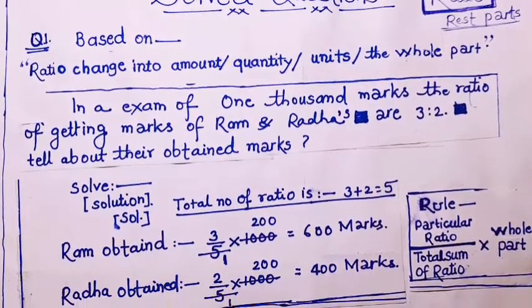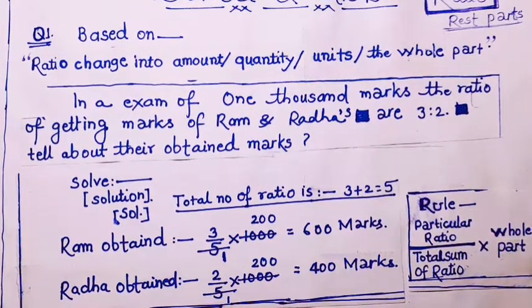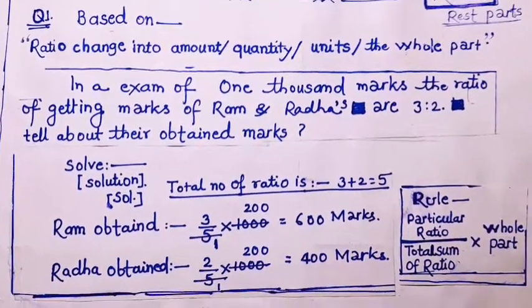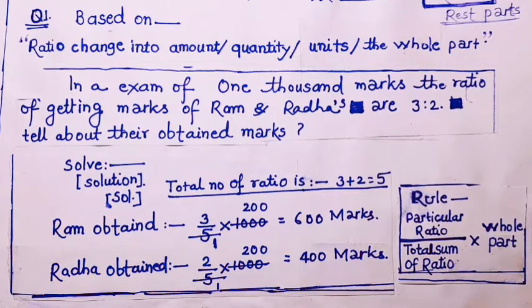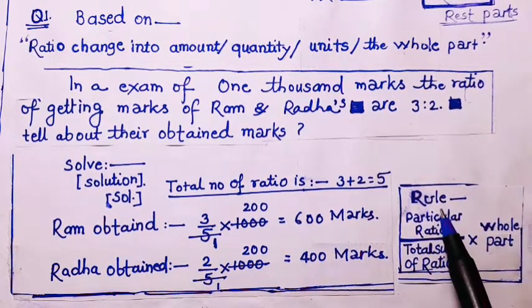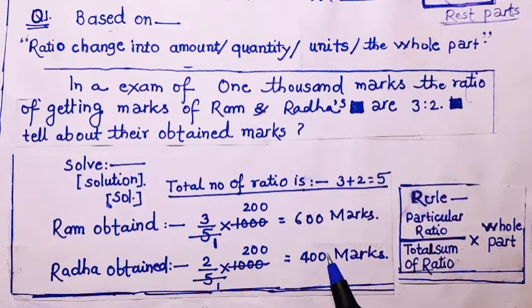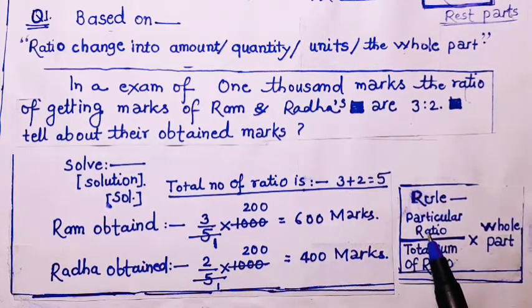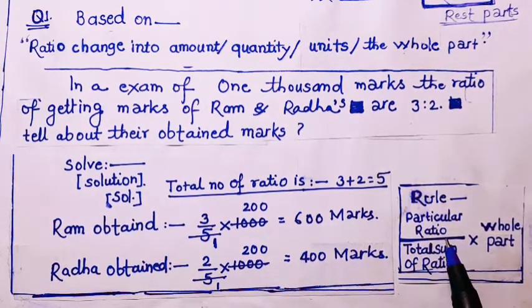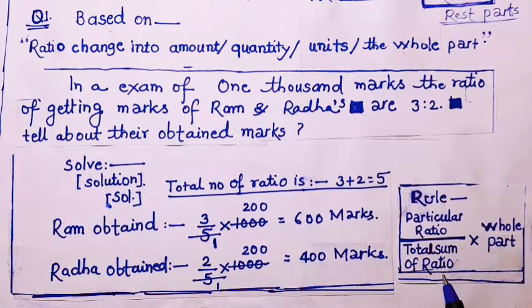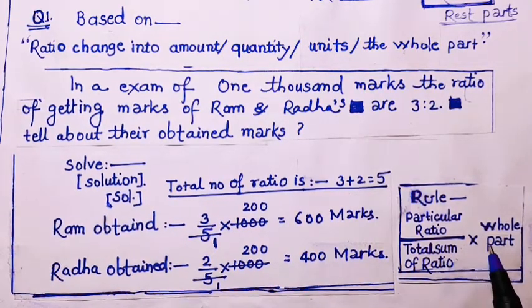For this solution, the rule has been given here. The rule is: the particular ratio by total sum of ratio into the whole part.